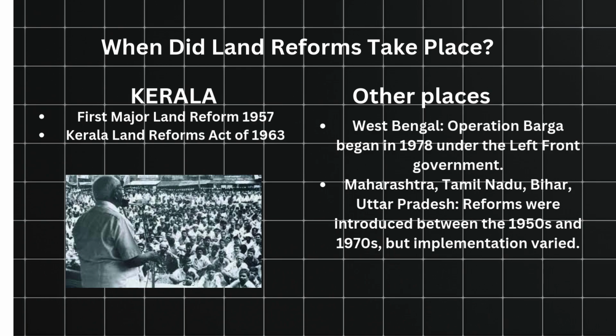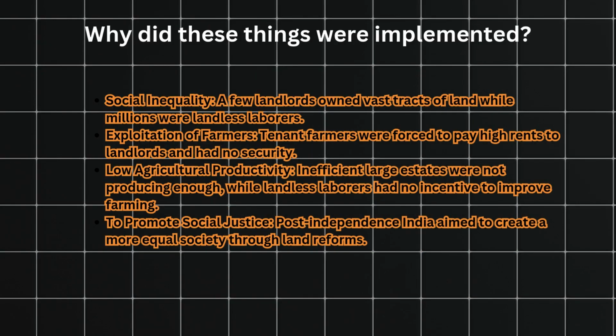In Maharashtra, Tamil Nadu, Bihar, and UP, reforms were introduced between the 1950s and 1970s, but there were different kinds of implementations in those states.